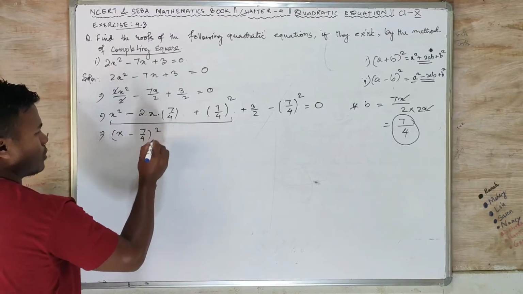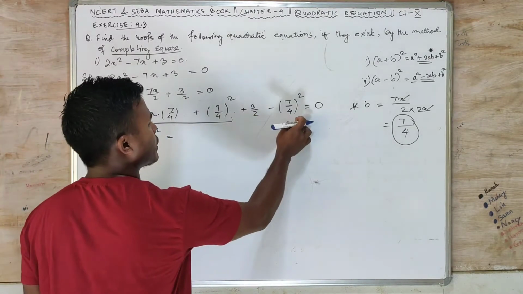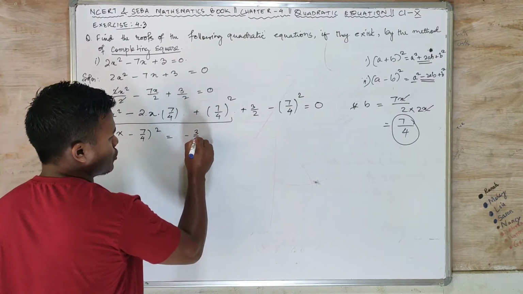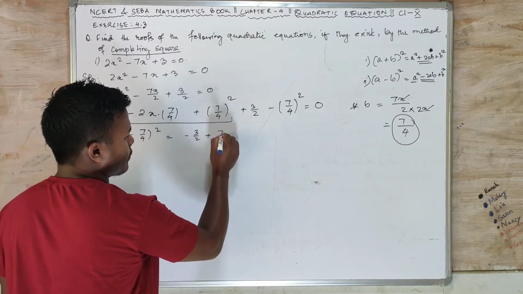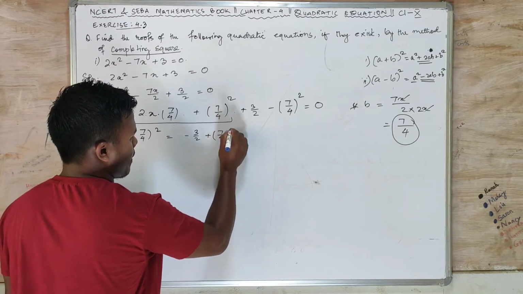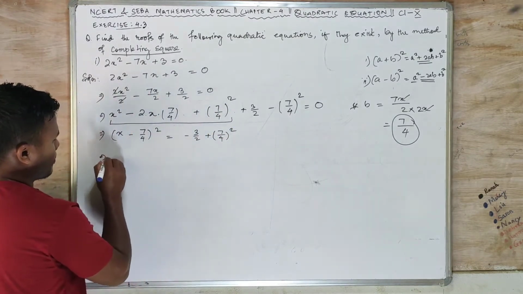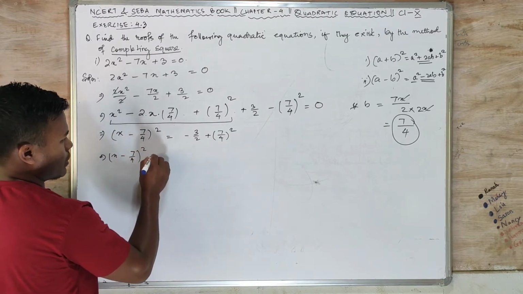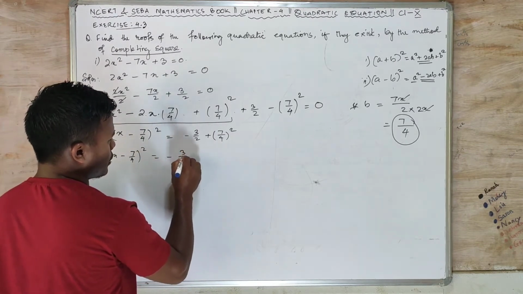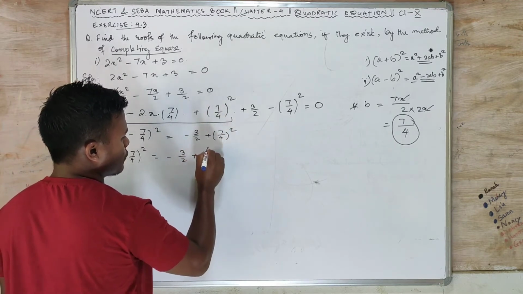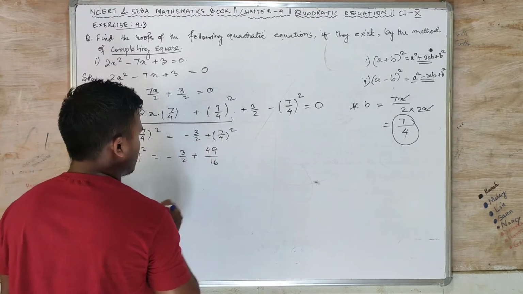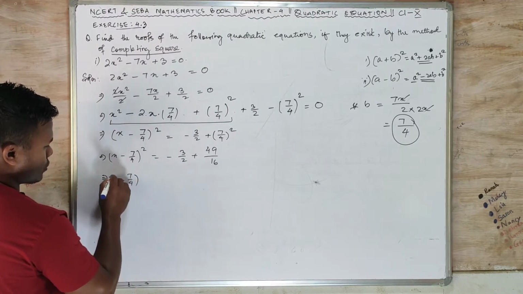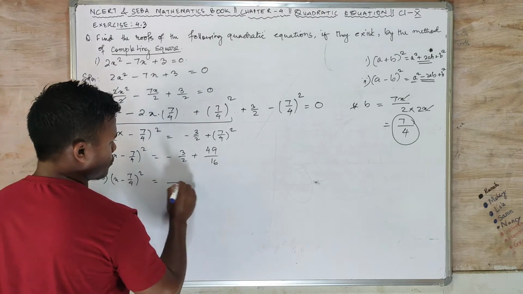7 by 4. Then you transfer all the remaining parts to the right hand side, that is minus 3 by 2; minus will become plus (7 by 4) whole square. Then (x minus 7 by 4) whole square is equal to minus 3 by 2 plus 7 square, which is 49, over 4 square, which is 16.